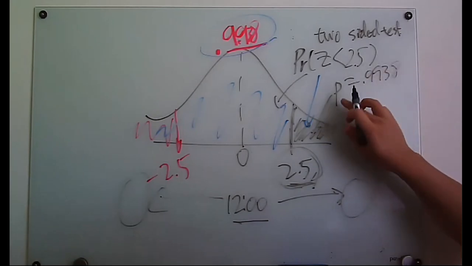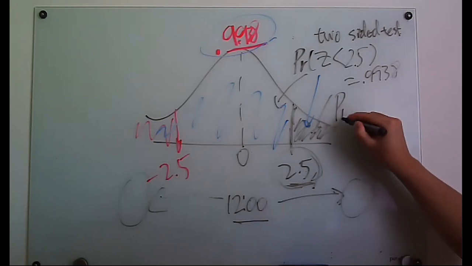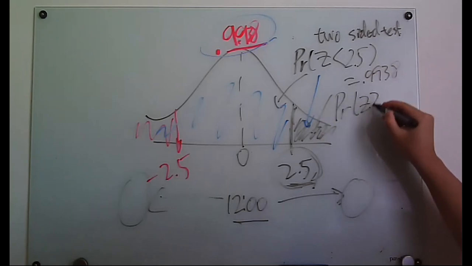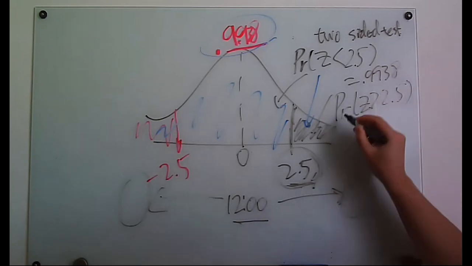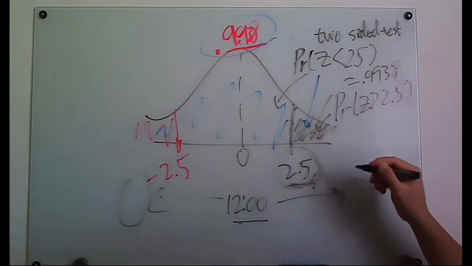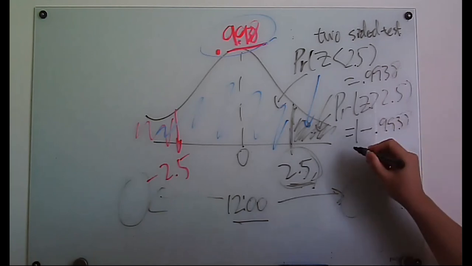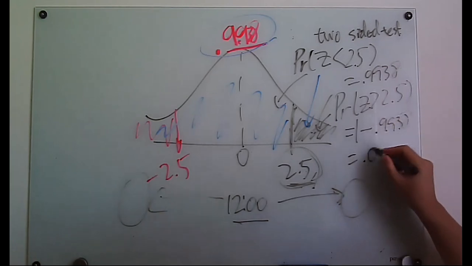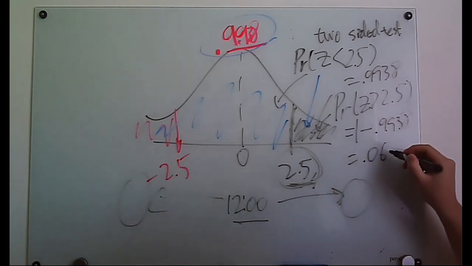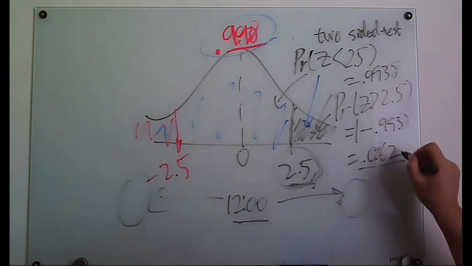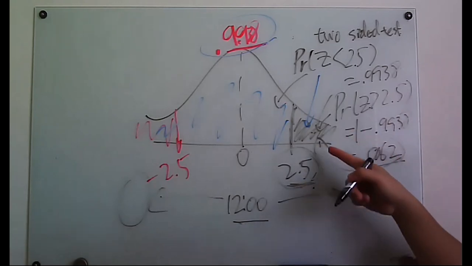In other words, the probability of z greater than 2.5, which is the probability we are looking for over here, would be 1 minus 0.9938. So that would be something like 0.0062, the probability of these very extreme values.